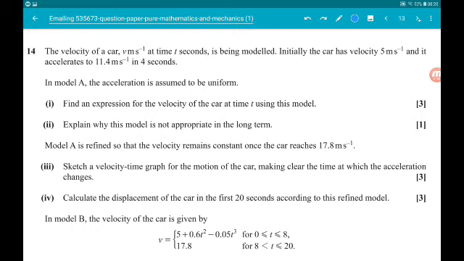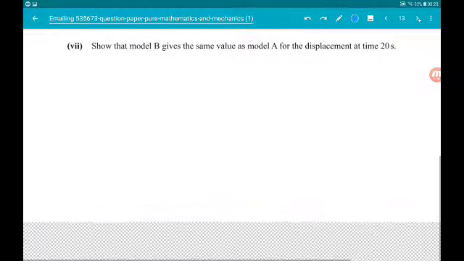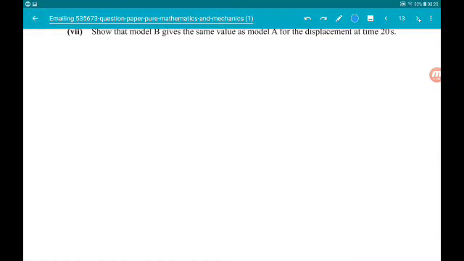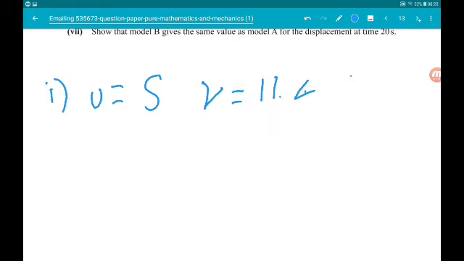Okay, so what do we know? Well, we know that u is 5, we know v is 11.4, and we know that t is 4.